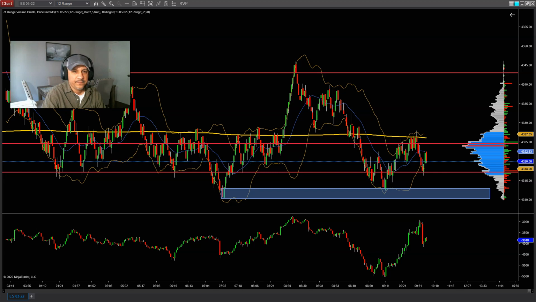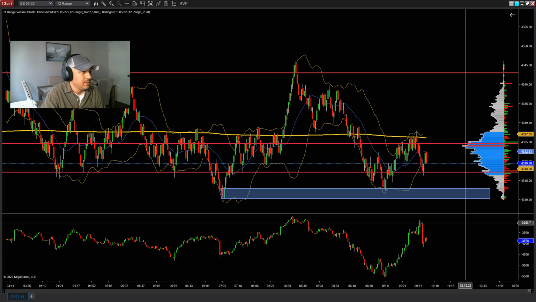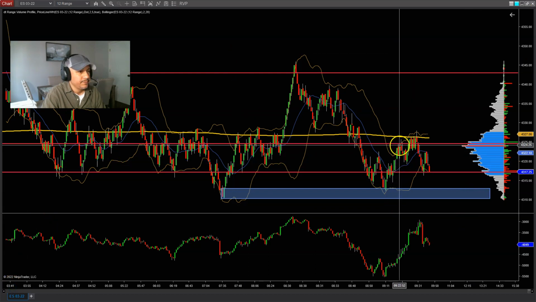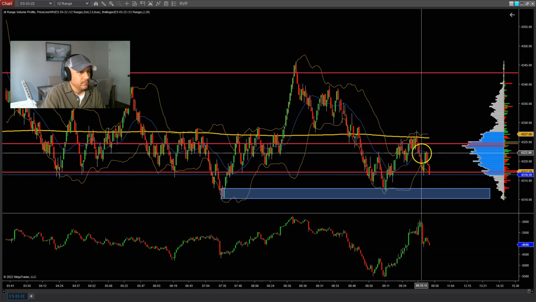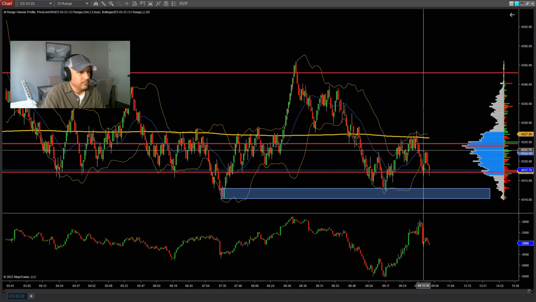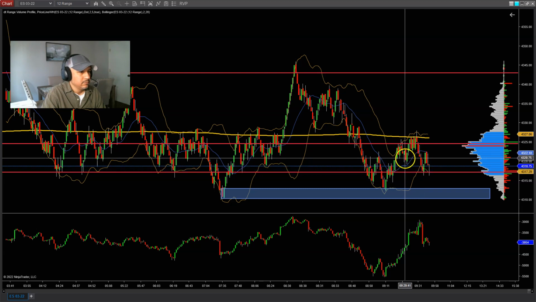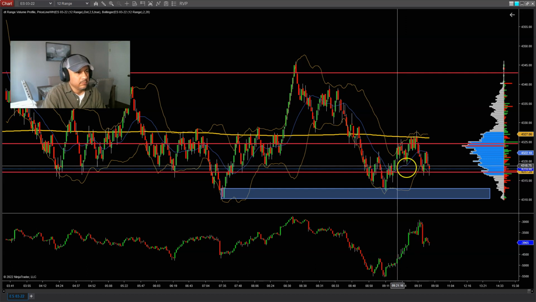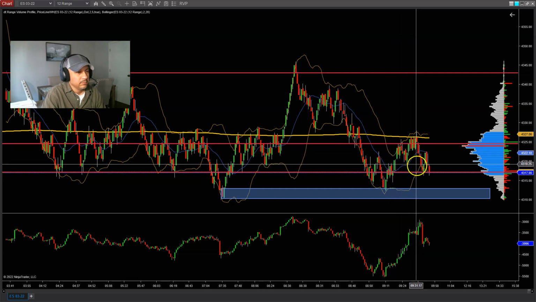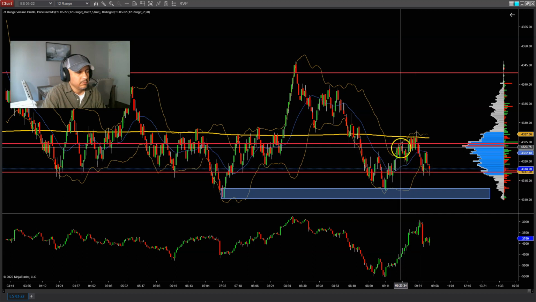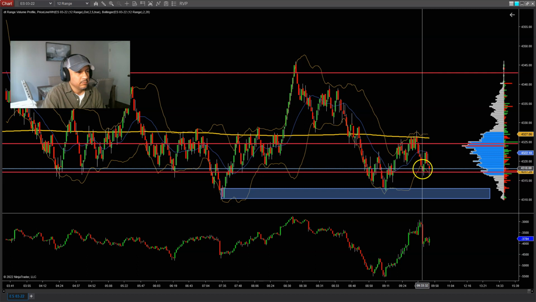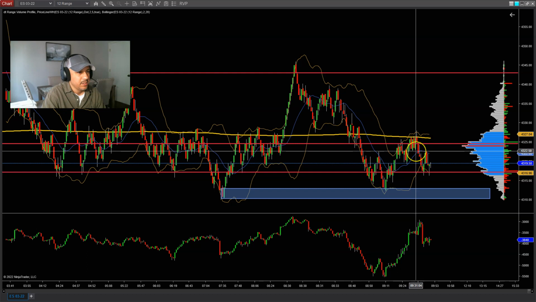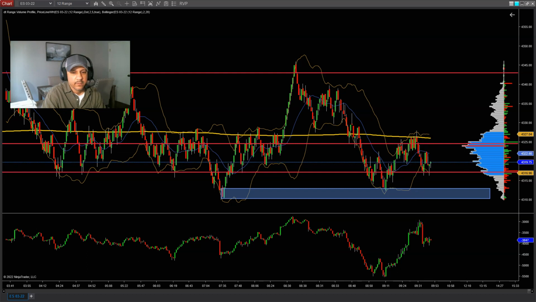Price rejected this area, pulled right back up to this area right here, pretty much, maybe, yep, about 2 ticks away.